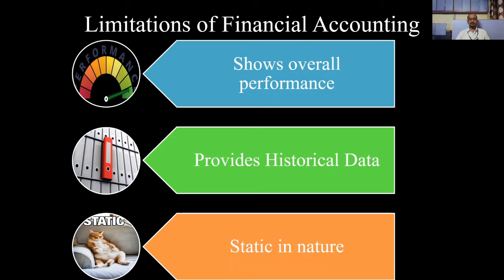In financial accounting, we cannot change the rule that the debit side is kept on the left side, and the credit side on the right side. But in cost accounting, we can change the formats, whereas in financial accounting, we cannot. So this is also one of the limitations of financial accounting.